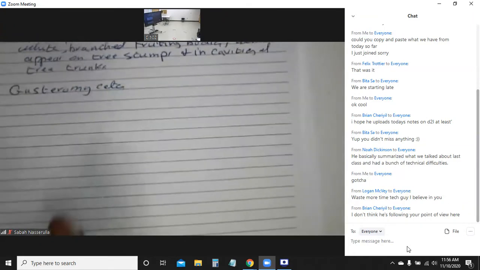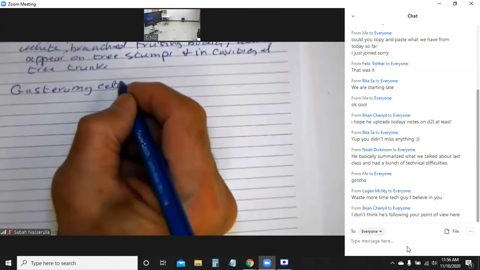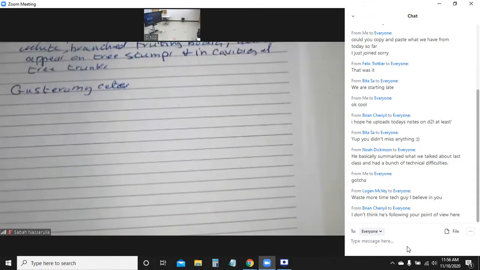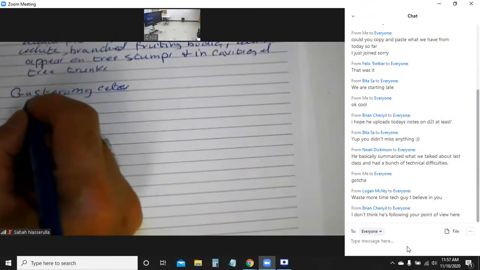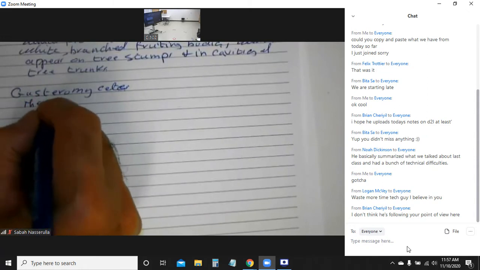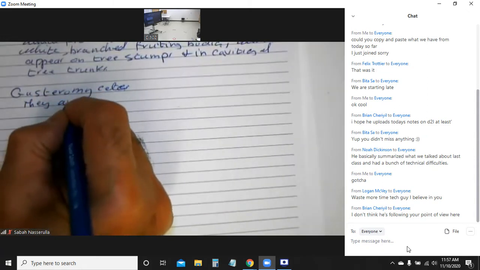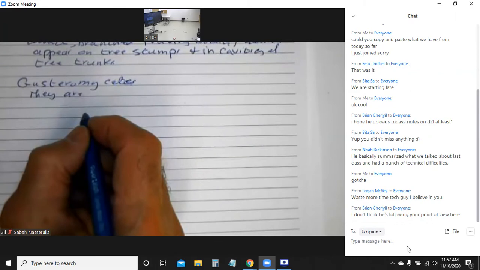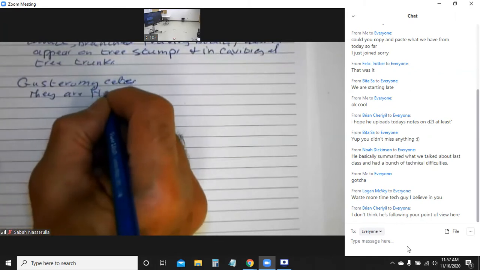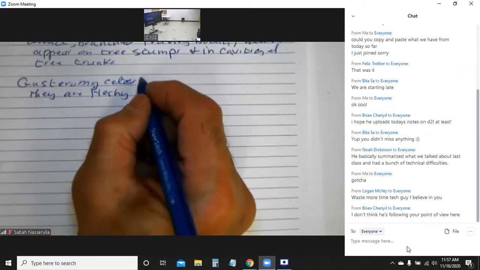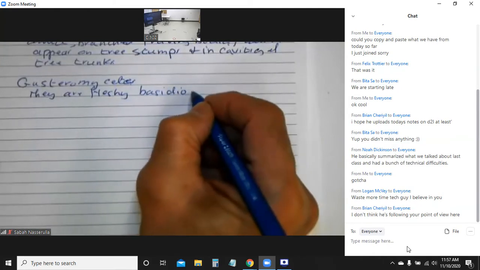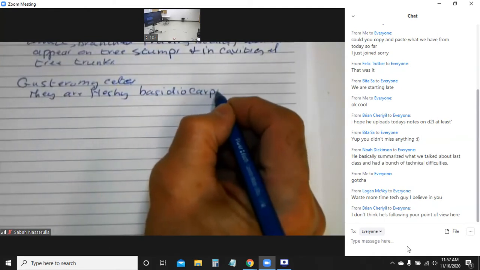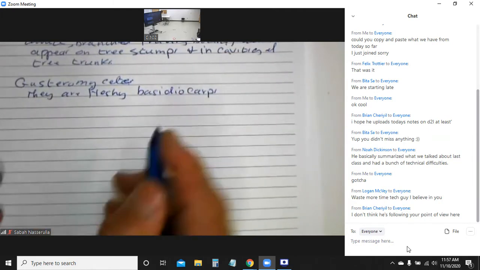In general, in this group of the Gasteromycetes, their fruiting body, or the basidiocarp, is fleshy. Fleshy basidiocarps of fungi.